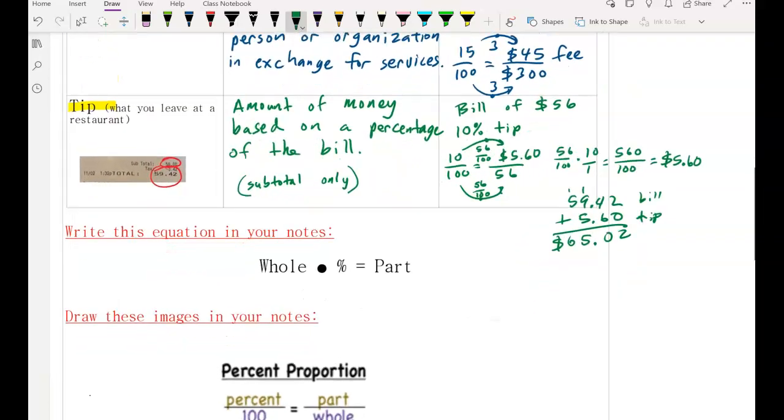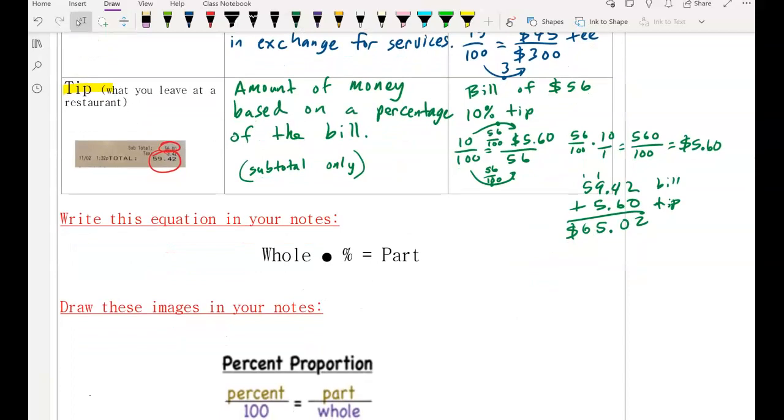I want you to make sure that you write this down in your notes. Oftentimes there's a shortcut for when you're trying to figure out percents. If you take the whole amount and you multiply it by the percentage, you can find the part that you're looking for. Okay? Whole times percent equals part. But the thing you've got to always remember when you do that is that percent needs to be written as a decimal.